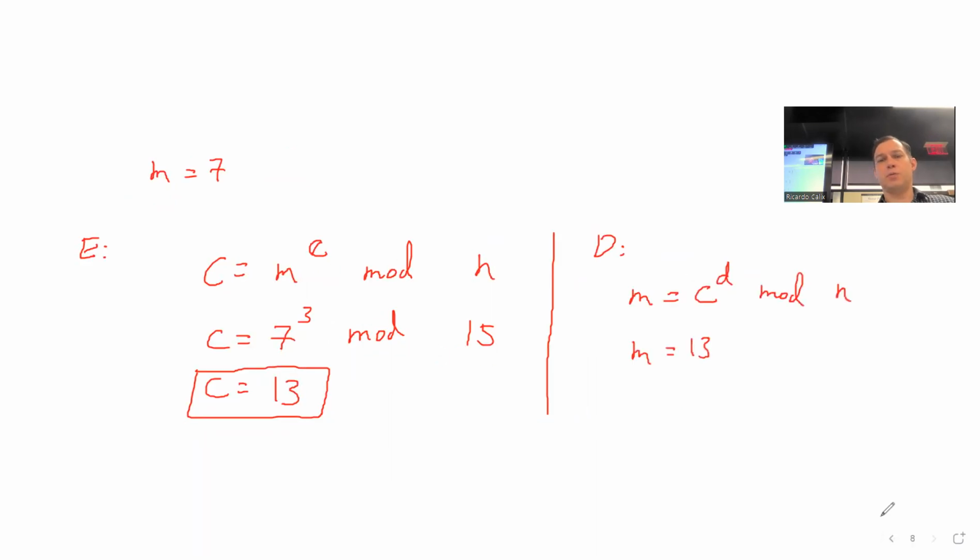So we found it to be 3. So it's 13 to the 3 mod 15. And the decryption, of course, should be the original 7. Does that make sense, guys? So this is just a simple example. It's going to be the most basic example that we do. Don't worry, it's going to get much more challenging than this.